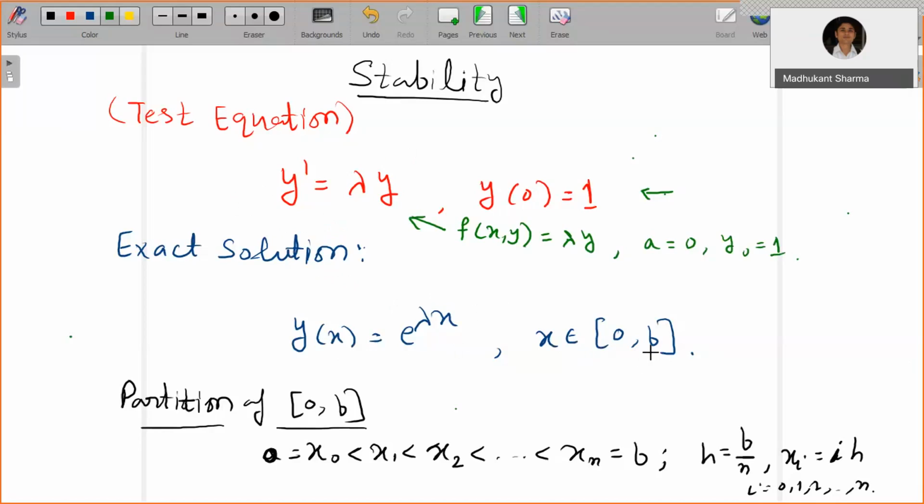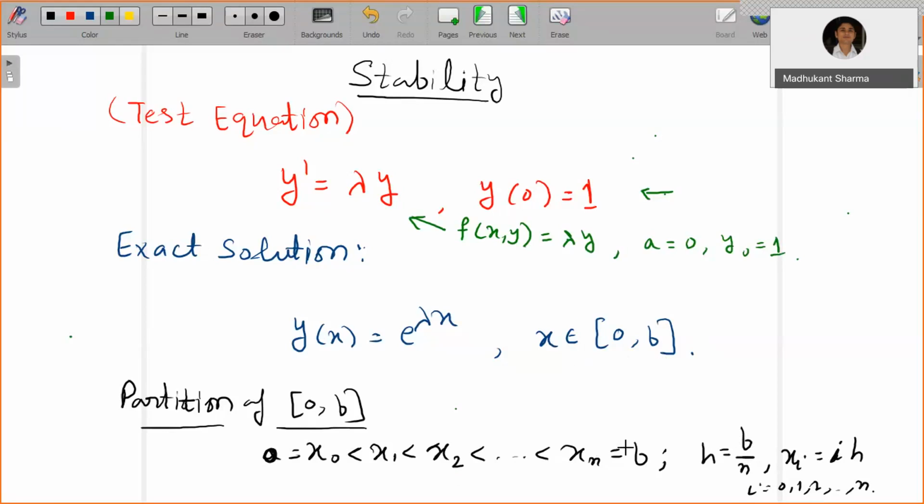Then we have considered a uniform partition of this interval 0 to b. Here x0 is 0 and the interior points are defined as xi equals a plus ih, but a is 0, so xi equals ih. And h is (b minus a) by n, so here, as a is 0, it is going to be b by n, and xn equals b.